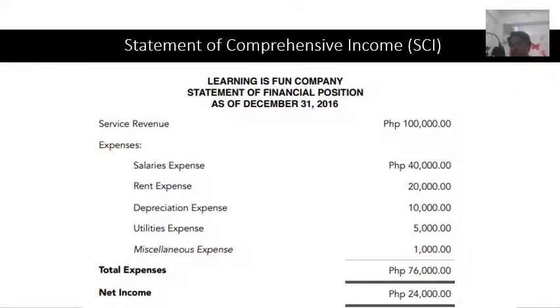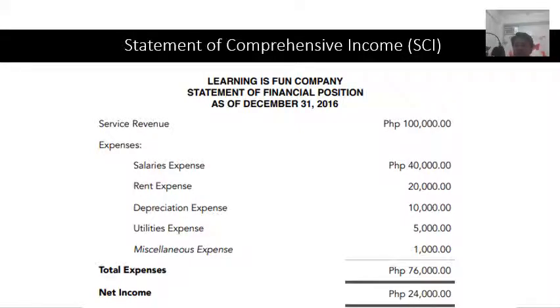So, this is an example of statement of comprehensive income. So, a statement of comprehensive income contains revenue and expenses. So, dito nakalist lang yung revenue then expenses.